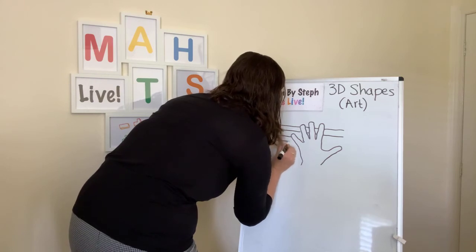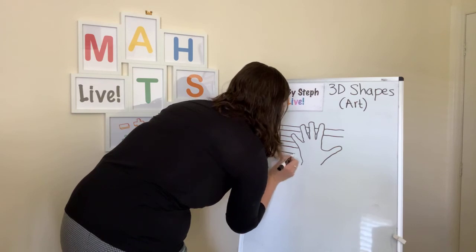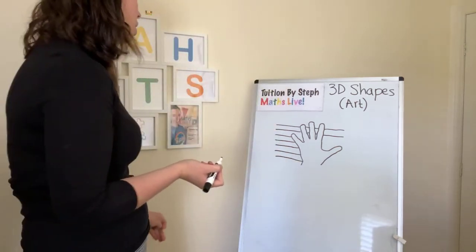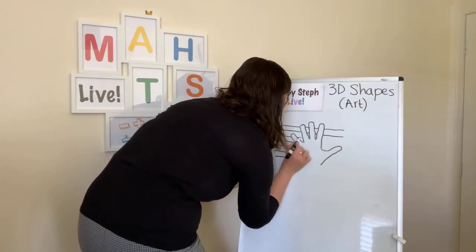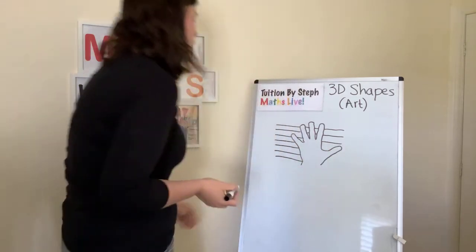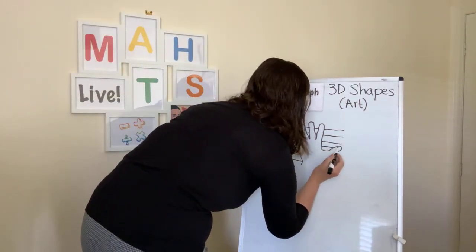I'm just going to do some here. Sorry, mine aren't going to be perfect because I haven't got a ruler, and it's quite tricky on a whiteboard. So do that gap there, and then that's going to come through there. Mine's a bit diagonal as well. Okay.